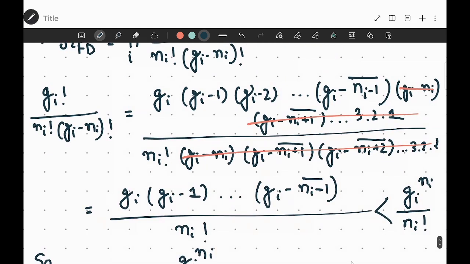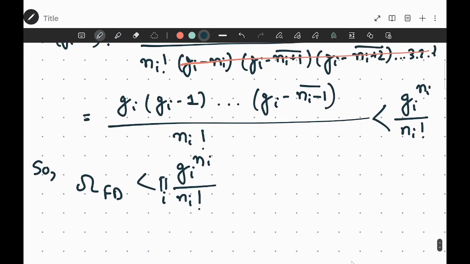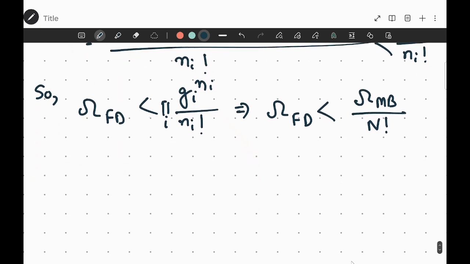When you put the product over i, it will be gamma Fermi-Dirac, omega Fermi-Dirac, and this is just this. So what you can write? This essentially means this is less than the Maxwell-Boltzmann divided by N factorial. Okay, so that you can write.